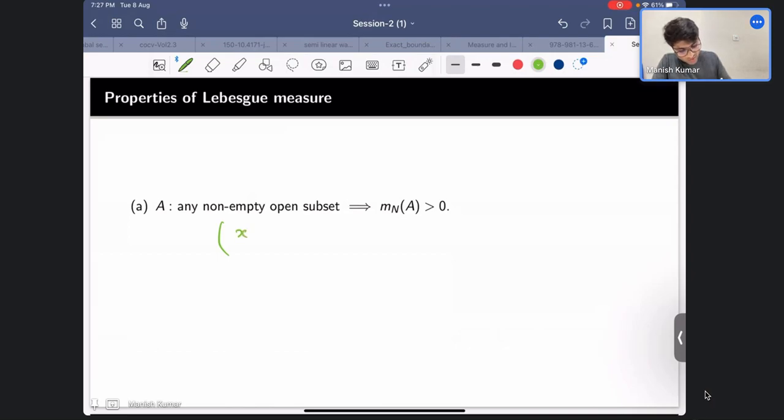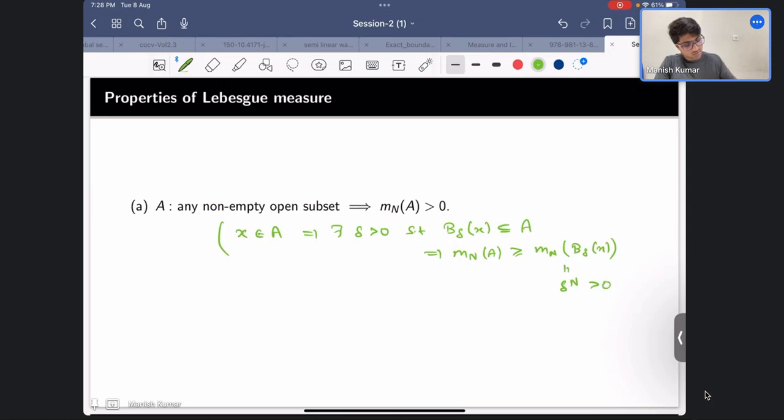Suppose x belongs to A. Since A is open, there exists delta greater than 0 such that (x minus delta, x plus delta) is a subset of A. In a general setup in Rn, B delta of x is a subset of A, and this would imply the measure of A, mn of A, is greater than or equal to mn of the ball, and the measure of this ball is nothing but delta raised to the power n, and this is greater than 0.